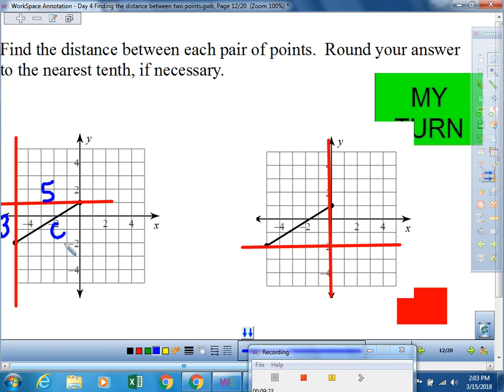And this is side C. Let's look at this one. What does side A have? 5, and side B has 3, and side C is what you're finding. It doesn't matter which way. If you pick this point, you do a vertical line, and this point you do horizontal, or vice versa. It doesn't matter. You're still going to get a triangle with the same measurements.